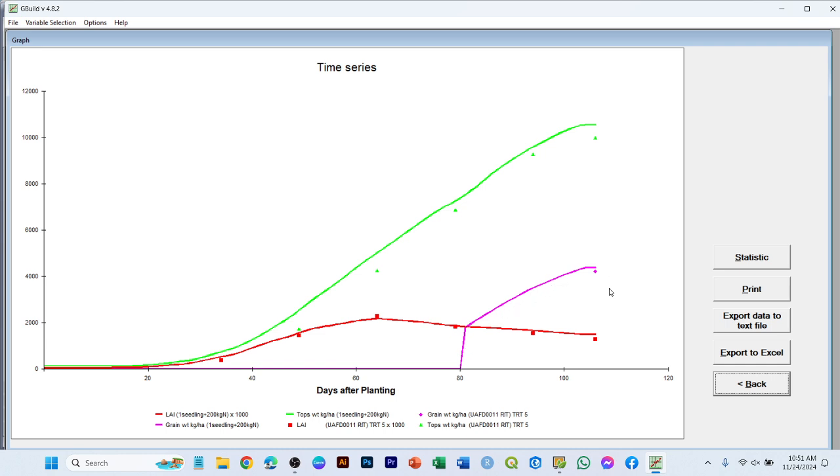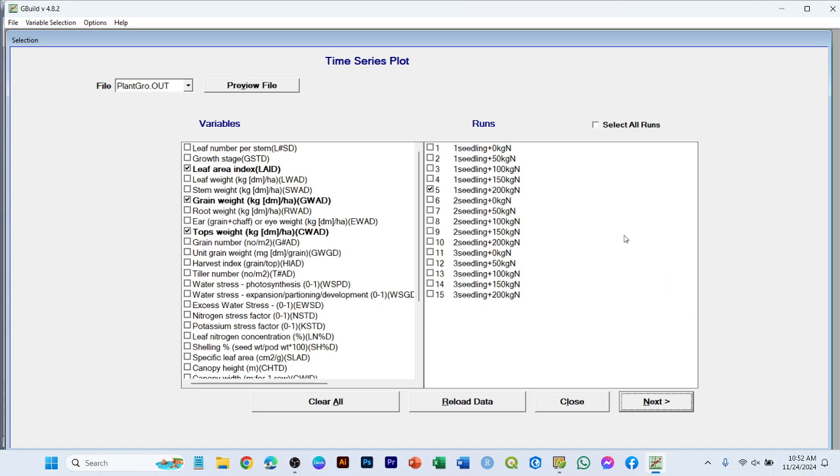This is only for one treatment. You can play for treatment one, two, three individually or as a comparison. Don't worry. Keep in mind, when you run the model, it runs all the treatments. No need to run again and again. Just go back, and you can deselect this one. You can select any of the next one.